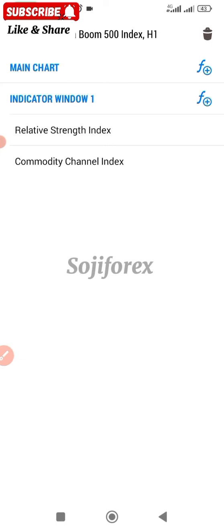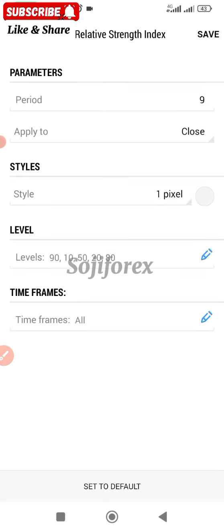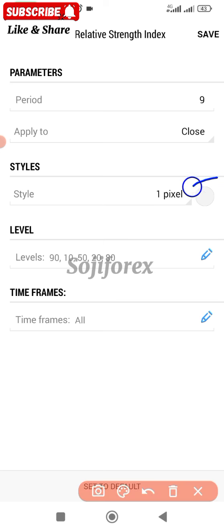So the settings for our indicators: first we have our relative strength index. The period is 9. You apply to close. The width is 1 pixel, so you change this color to your background color. You can see my chart background is white, that's why the color is white. If yours is black, you kindly change it to black.